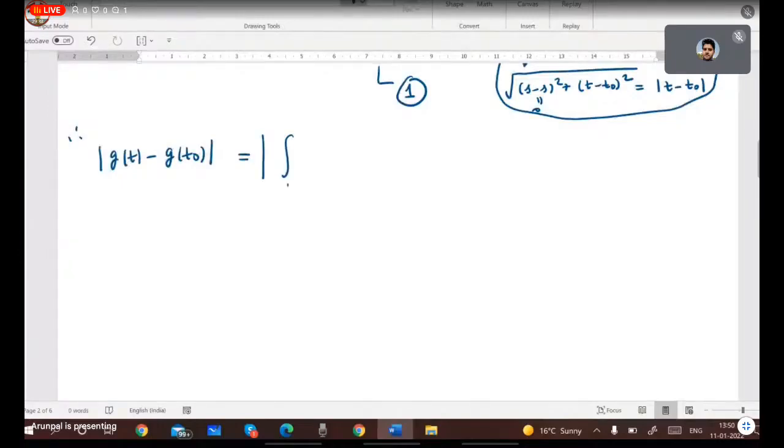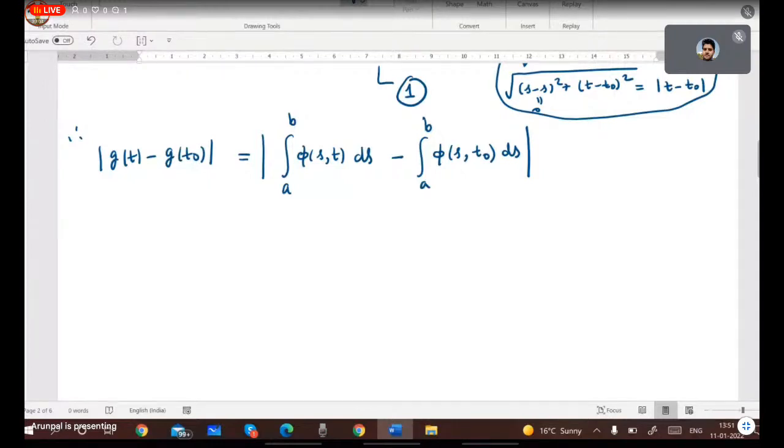This is modulus of, and now class, you simply put the value of GT, which, if you recall, is nothing but this, minus the integral A to B phi S, and the value of GT naught will have T naught. I have simply used the definition of G. Is this okay, class? Yes, sir.